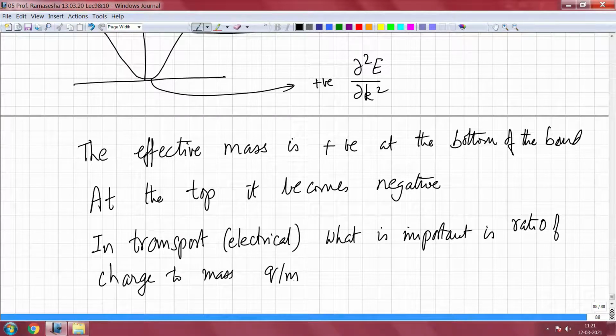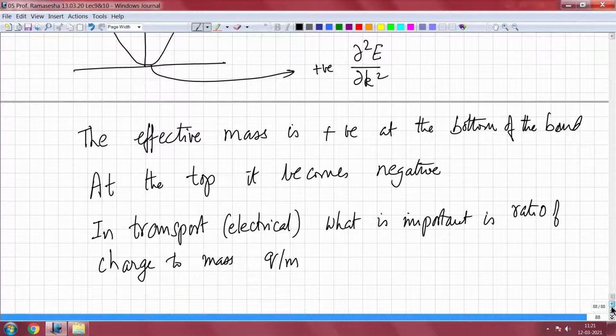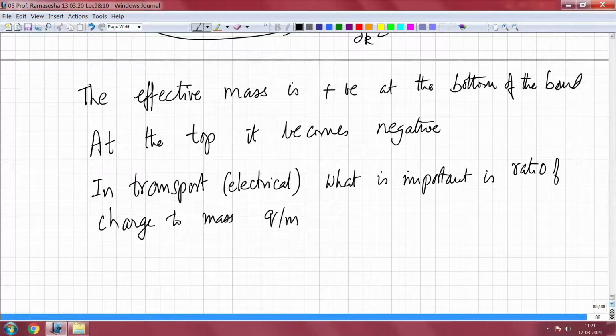Actually, one need not say electrical, because even in heat transport it becomes important, the direction in which the heat flows, as we saw in the Seebeck coefficient. So, it depends upon Q by m.